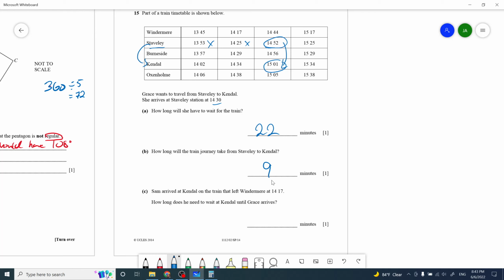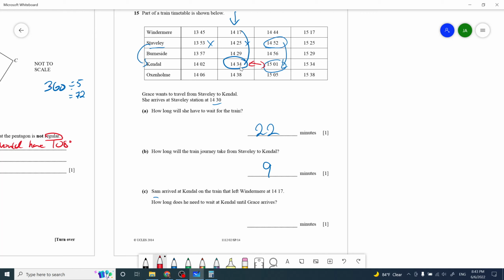Nice short ride. And okay, Sam, whoever he is, arrived at Kendal on the train that left Windermere at 14:17. So he's on this train, and he's going to get to Kendal at this time. How long does he need to wait at Kendal until Grace arrives? We're basically just finding the difference between these two times.